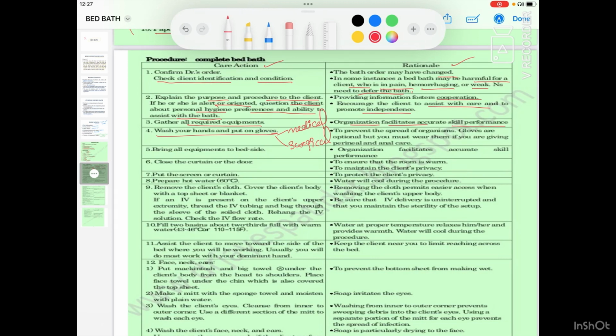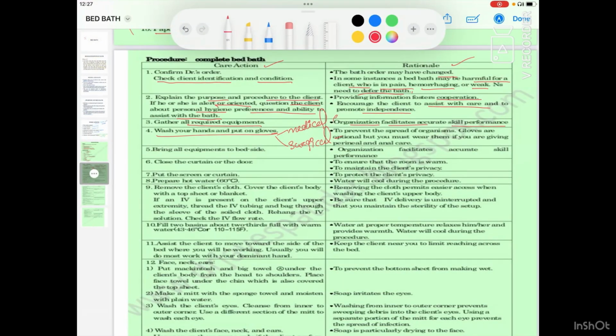Medical hand wash means from the elbow to the palms; we rinse the hand from elbow to palm. That is called medical, and surgical means from palm to elbow, the way we clean.